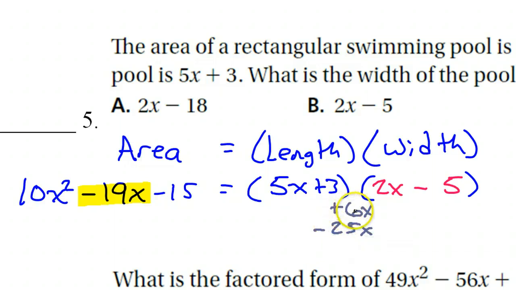Positive 6x and negative 25x makes negative 19x. And positive 3 times negative 5 is negative 15. So this is the correct factorization, which makes this pink stuff the width. So the width is 2x minus 5, which is B.